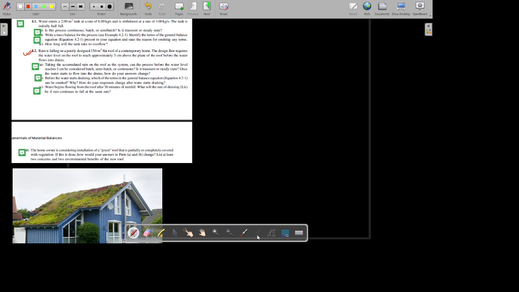I mean, if you draw the home, suppose you have a home like this. This is the roof, and the roof was poorly designed.